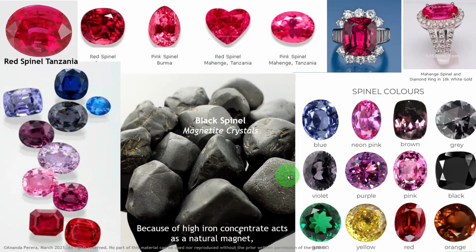Now look at the center. Black spinel. All are black. You can identify the crystal shapes also, octahedron shapes. Because of high iron concentration, these spinels act like natural magnets. The magnetic field is there.